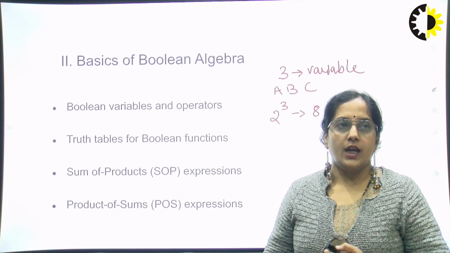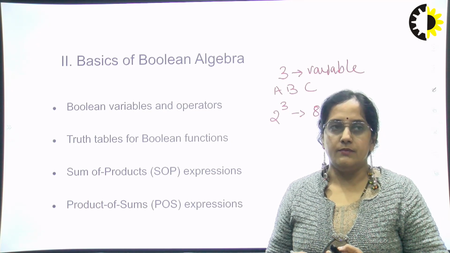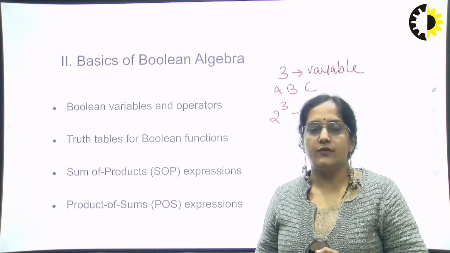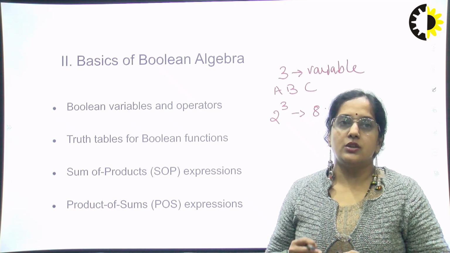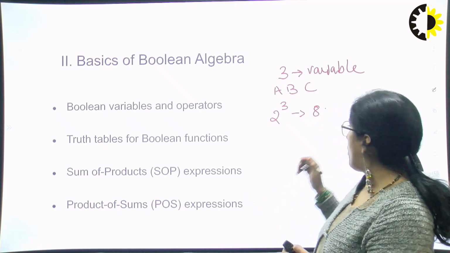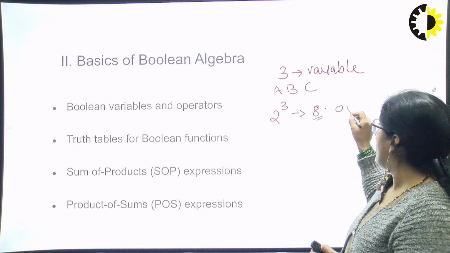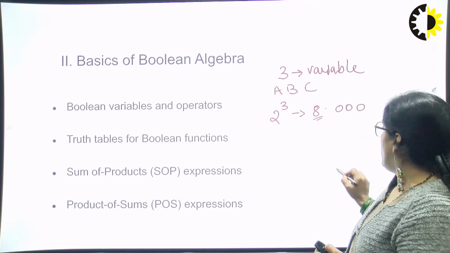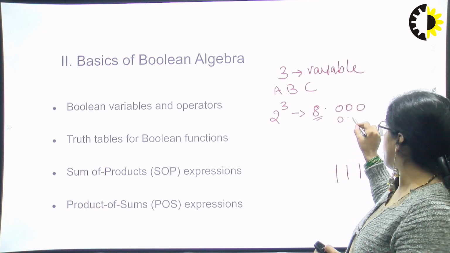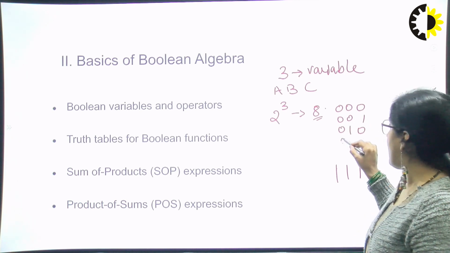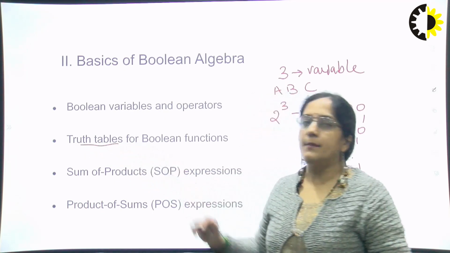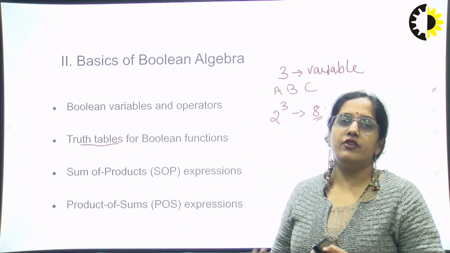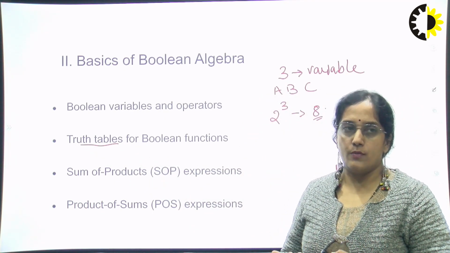When we have to represent a system, we can use Boolean variables and operators to write a Boolean expression, and we have 8 combinations from 000 to 111, with 001, 010, something like this. Then we have this as a truth table where we apply all the input combinations and find the output for each combination.